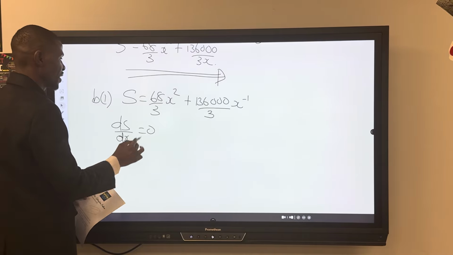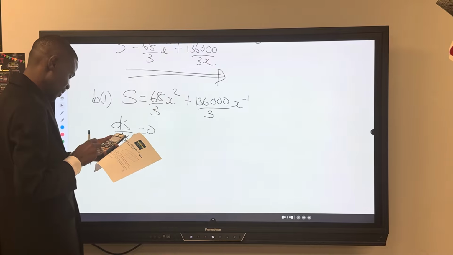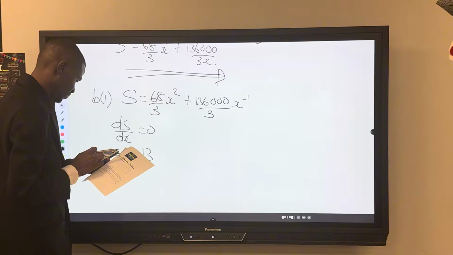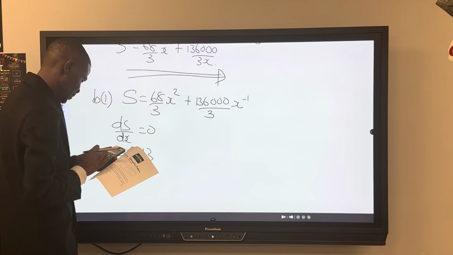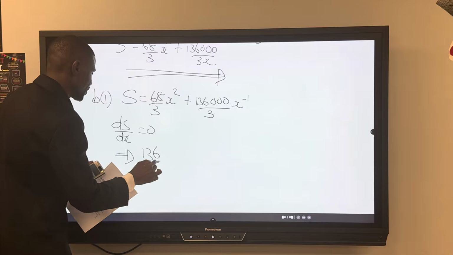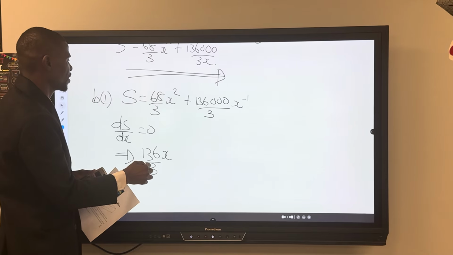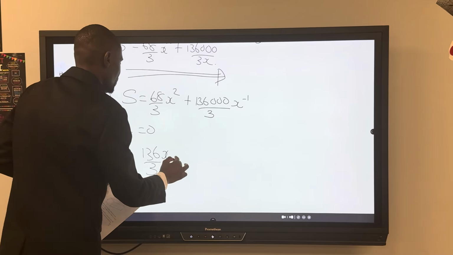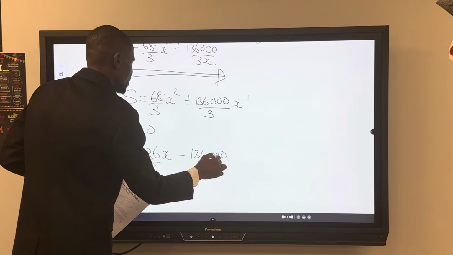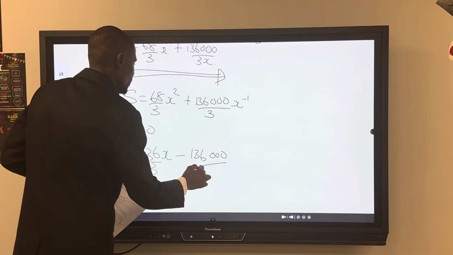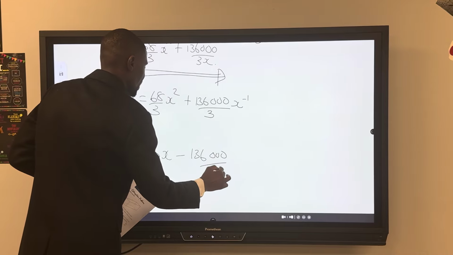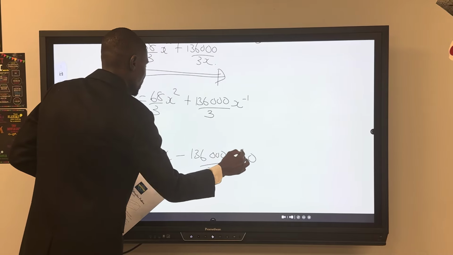So this implies that 68 times 2, which is 136 over 3, x, then minus 136,000 over 3 x to the negative 2, which is just x squared, equal to 0.